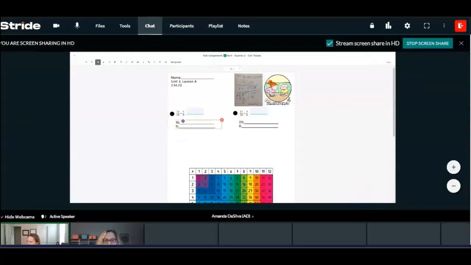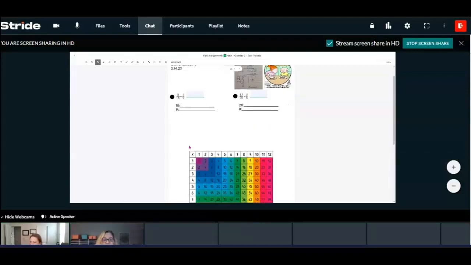Where we are, did they do this bottom part? I created that for them, and I modeled on the screen that we have to think of some multiples first, and then do the work below.